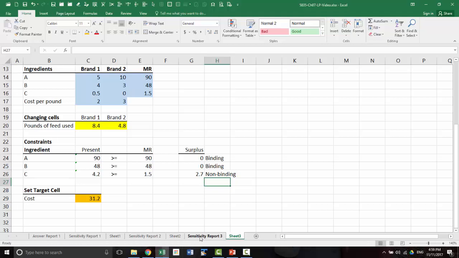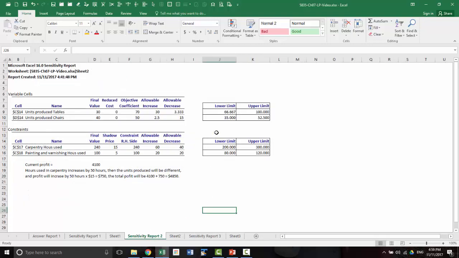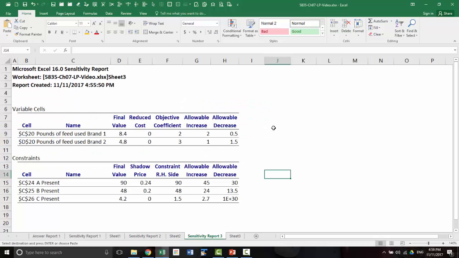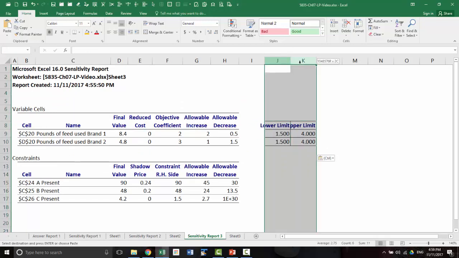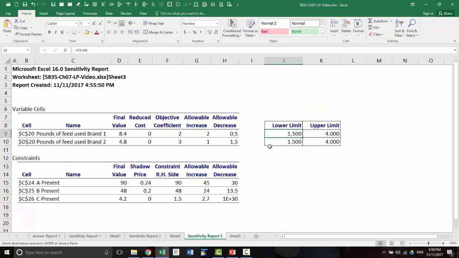Okay, so let's look at the sensitivity report a little bit more. Once again, we can set up the lower and the upper limits. Copy paste them here. So we have the lower and the upper limit, and it works the same way as before.